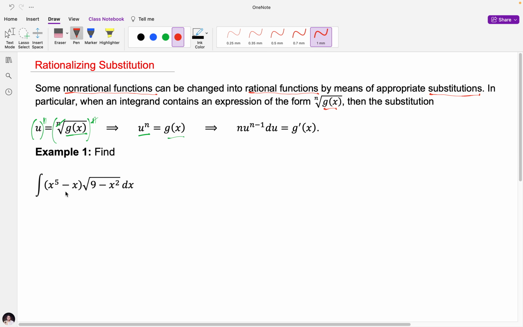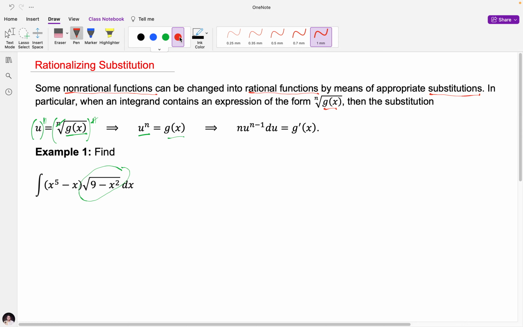Find the integral of the quantity x raised to 5 minus x times the square root of the quantity 9 minus x squared with respect to x. Okay? So as you can see, we have a radical expression here. Siya yung candidate natin for the variable u.